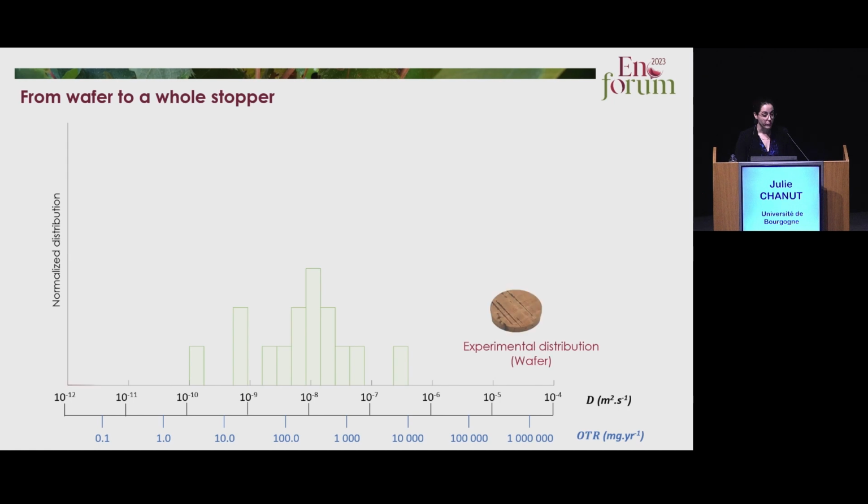In order to save time, we used these slices of cork that are sort of wafers. But cork is a natural material. It is heterogeneous, and the coefficient of diffusion for one wafer does not necessarily represent the coefficient for the entire stopper, which is the reason why in the lab we developed an extrapolation model.